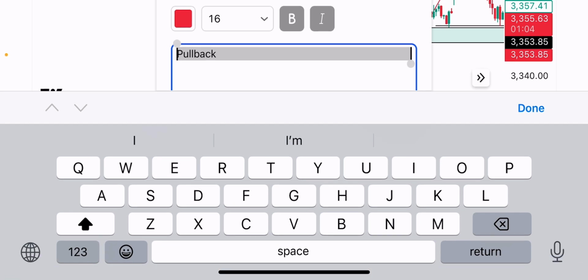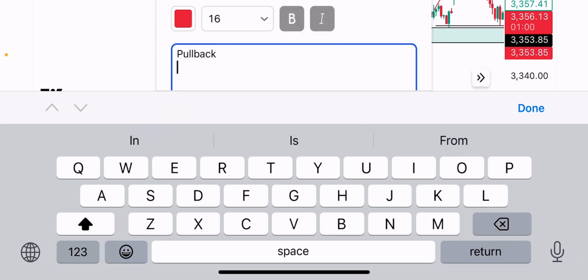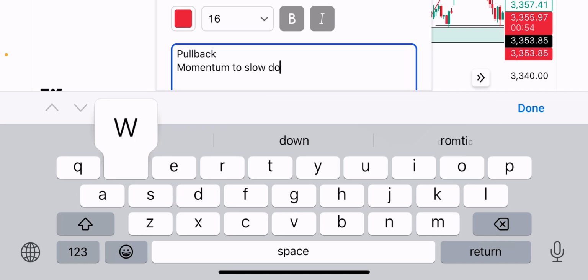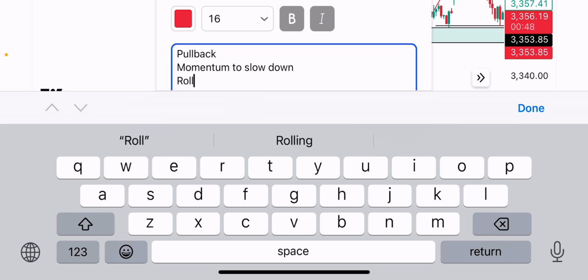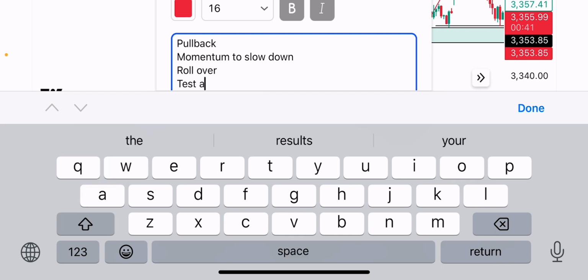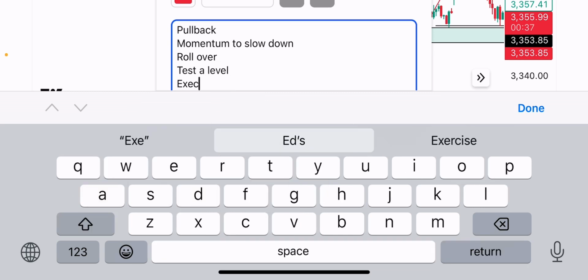So after price makes a pullback, the next thing is for momentum to slow down. Then after the momentum slows down, the next thing is a what? A rollover. After the rollover, then I will test a level, and after testing the level, I execute.